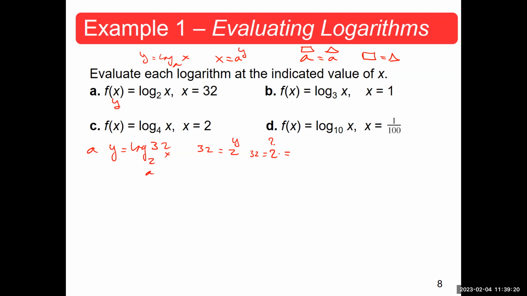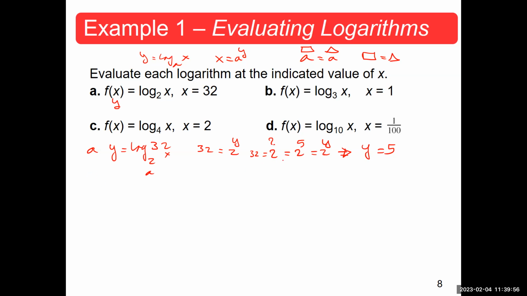Multiply by 2 is 8. That's 3 times. Multiply by 2, 16. Multiply by 2, that's 5. So this should be 2 to power 5 equal 2 to power Y. Then guess what? Because the base is the same, that means Y equal 5. So we got the answer.